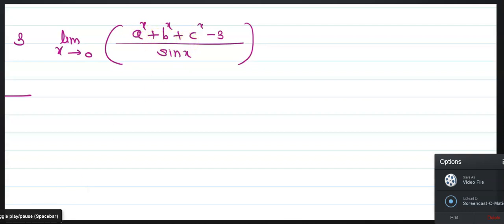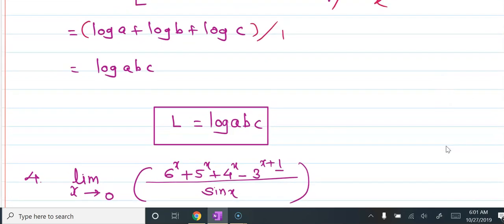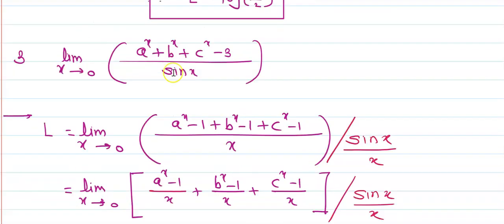Now, see this. For this problem, we divide the numerator and the denominator by x. That is, (a^x − 1 + b^x − 1 + c^x − 1)/x.